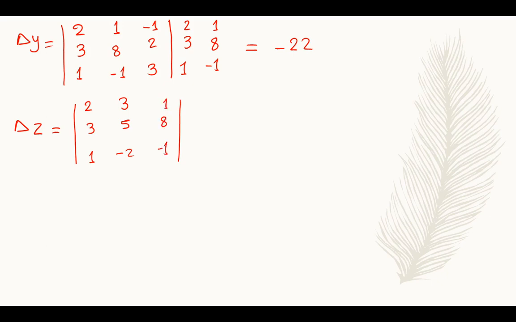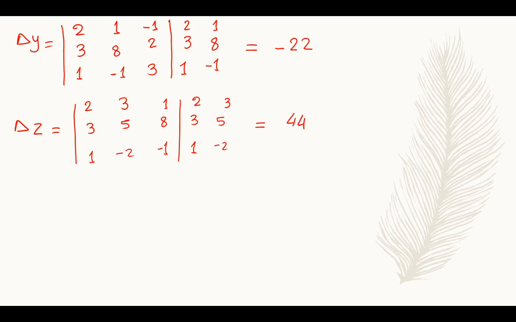Write the first column again, 2, 3, 1. The second column will be 3, 5, negative 2. Find the value of delta z by multiplying the left diagonals minus multiplying the right diagonals. You will find that delta z equals 44.